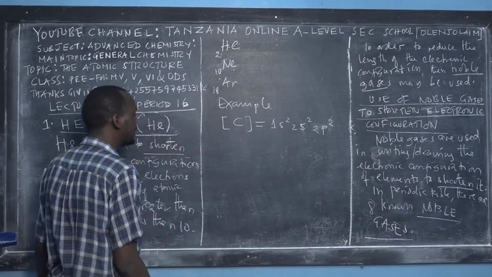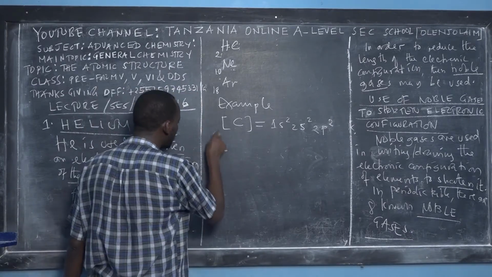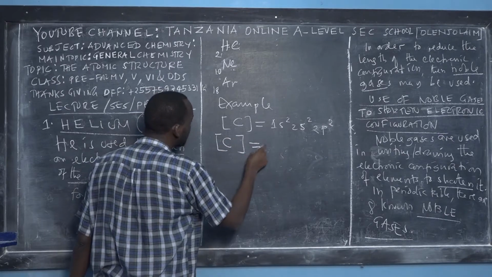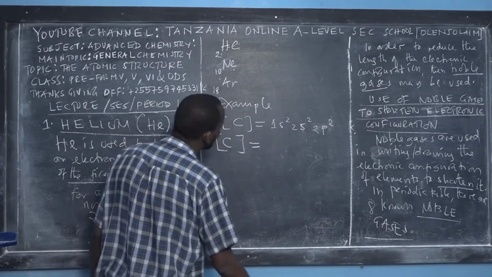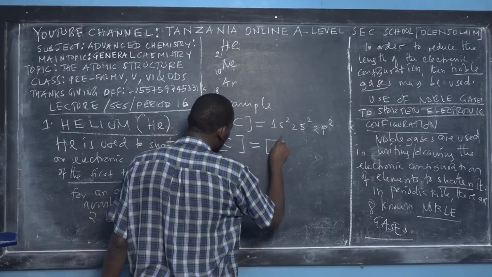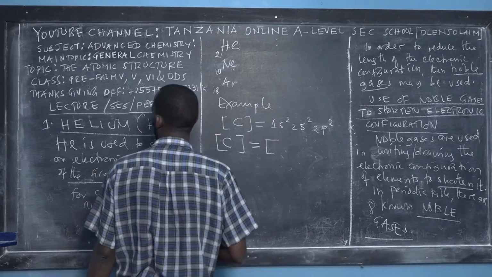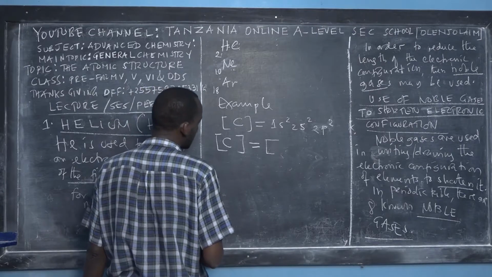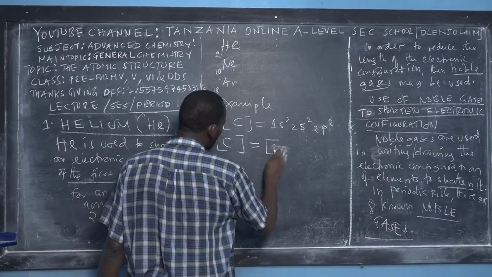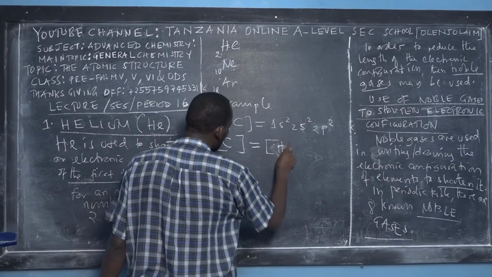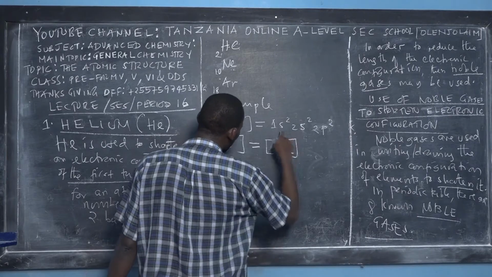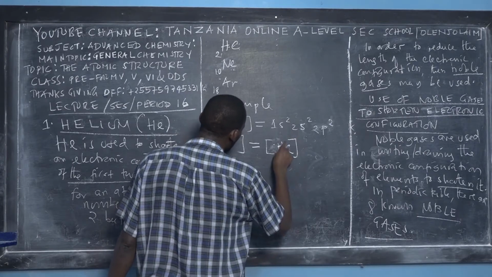So by using helium, now you can say that the new, shorter electron configuration of carbon uses the noble gas. Because you have this 1s, so here we have a noble gas. So this is helium, and helium occupies 1s.